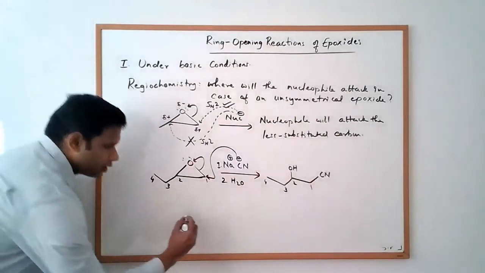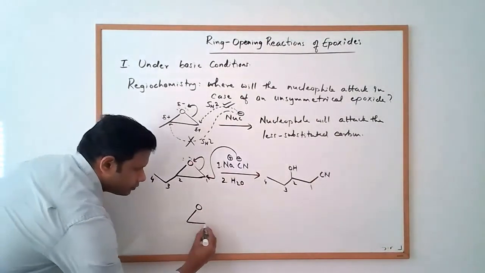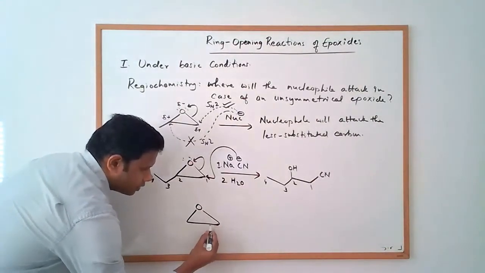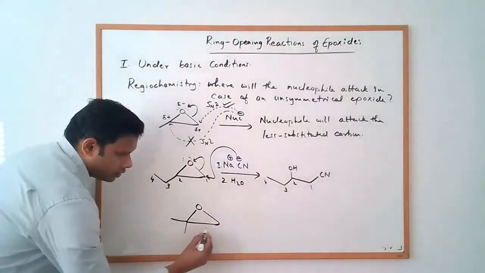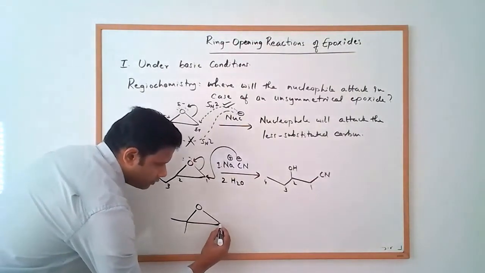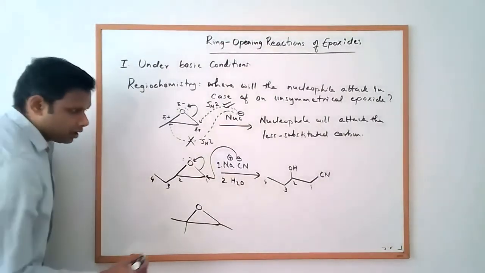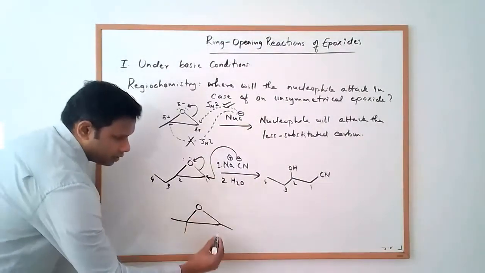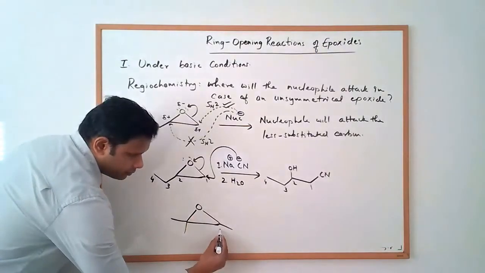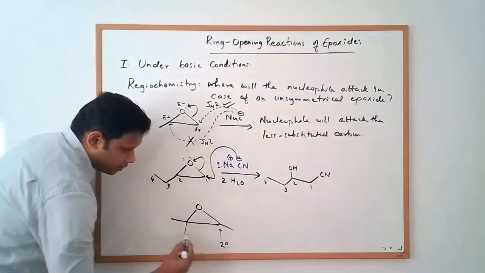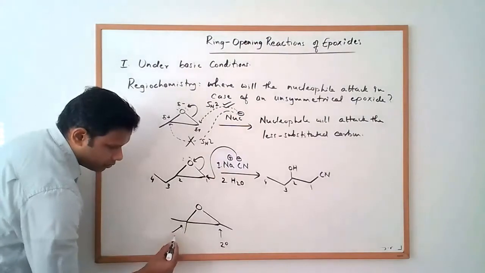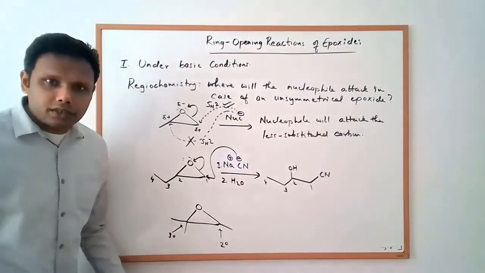Okay, let's look at another example. If you were to consider a nucleophilic attack, let's say we have an example like this. Now you can notice how this carbon here is secondary in nature, while this carbon is tertiary in nature.